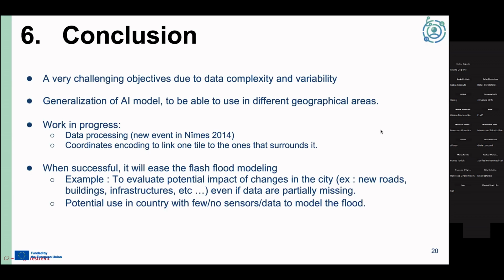And also we have a new research point, because for now our tiles are not connected to each other, and we know that a flood can have consequences from one tile to another. So it was important to research a way to encode the coordinates. This is our work right now.